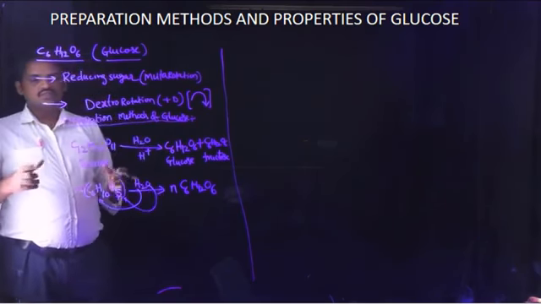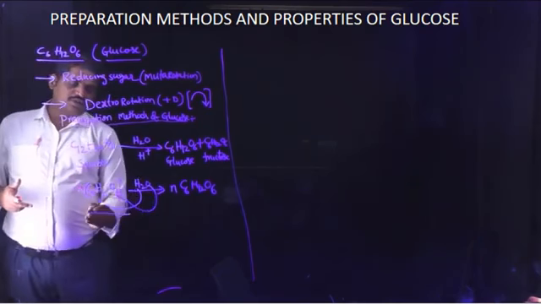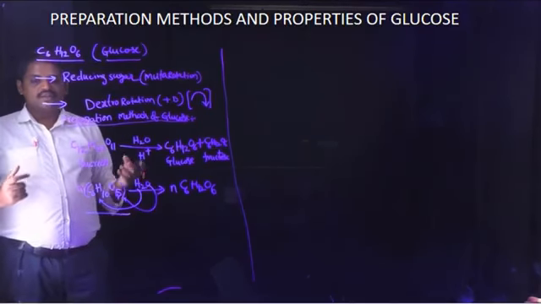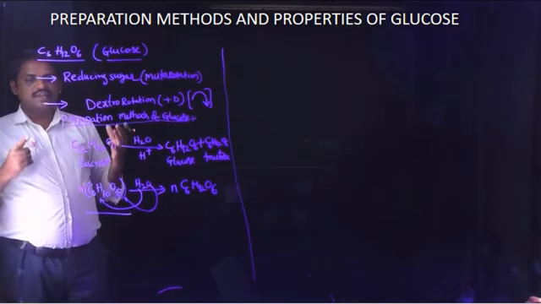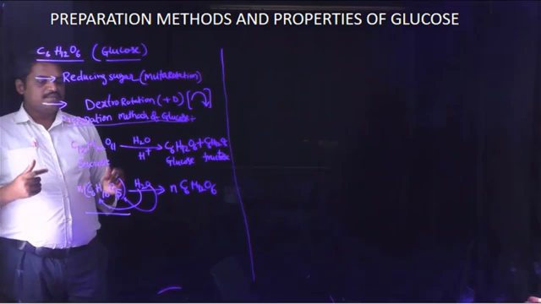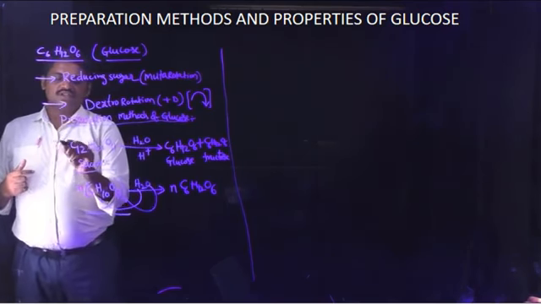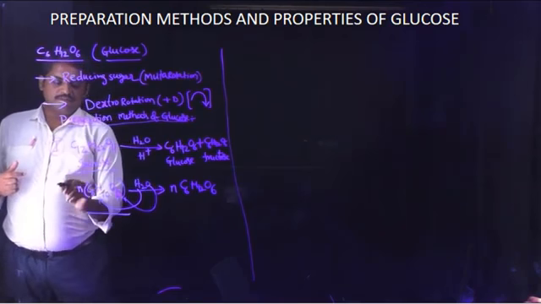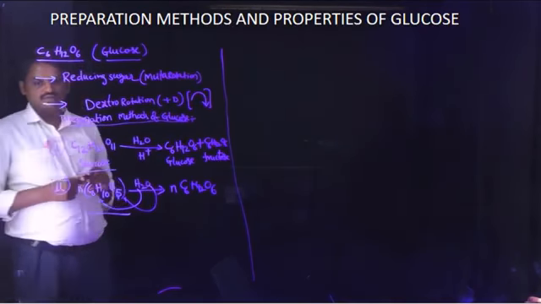A large amount of glucose is prepared by using the starch method. A limited quantity of glucose for laboratory purposes is prepared by using the sucrose method. So these two methods are the best preparation methods of glucose.